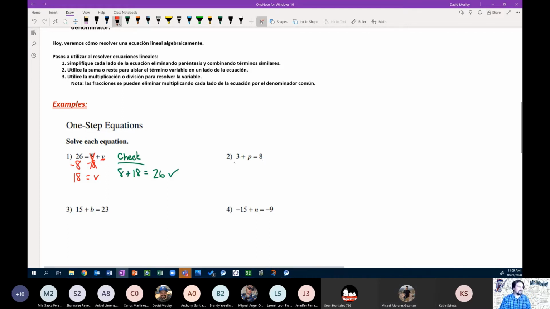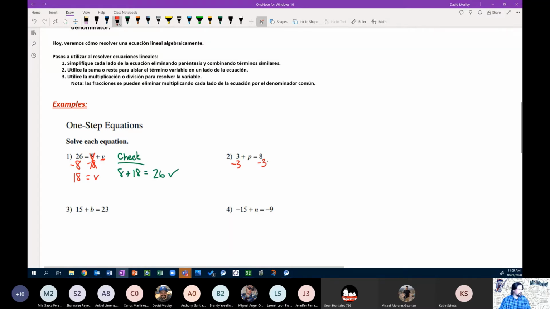So, número 2. 3 más p igual 8. Para el primero paso, necesito resta 3. ¿Ok? Porque es positivo 3 a la izquierda de igual. So, menos 3 y menos 3 a derecha.